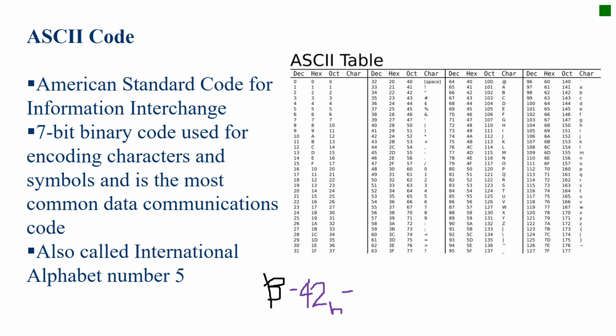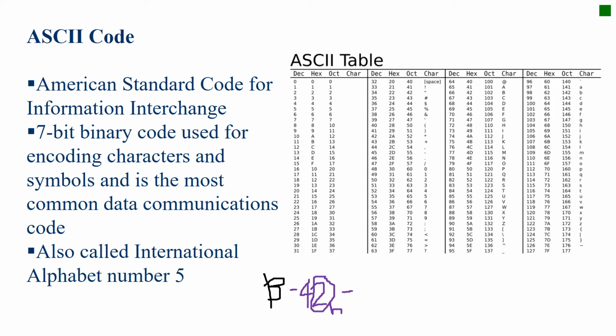Now, how do we translate 42 hexa into its binary equivalent? Okay? So, we know hexadecimal can be translated into binary as a group of 4 binary numbers. So, let's start with hexadecimal character 2.